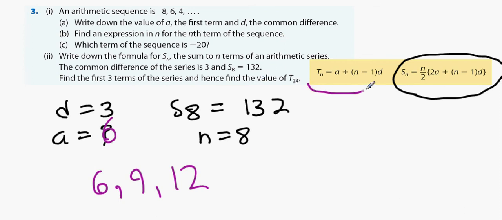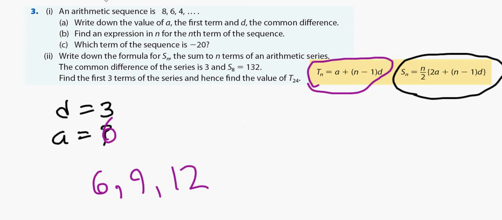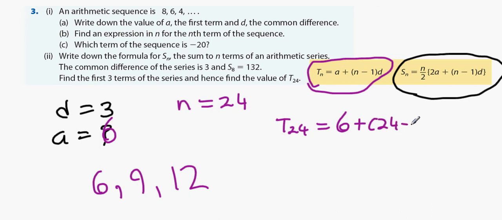So we need to find out what Tn is. This time n is going to be 24. n equals 24, and we want to find out what T24 is. T24 basically means replace n with 24. So a is 6, n minus 1 is 24 minus 1, and we know that d is 3.